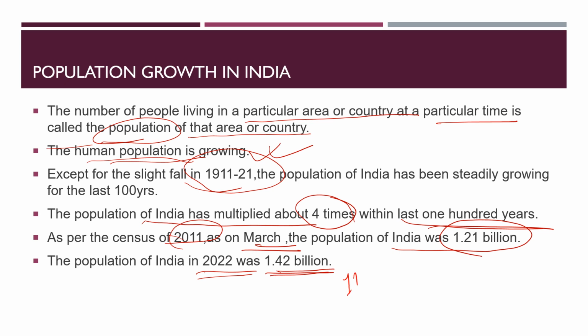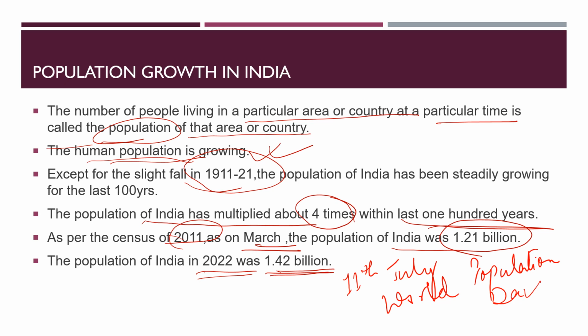With the current growth rate of India, we are almost likely to overtake China as the most populous country. So this is what is making us think about what measures we can take to control this population, and what are the factors responsible for population explosion in India.